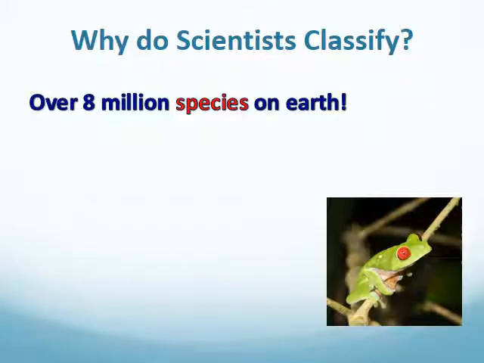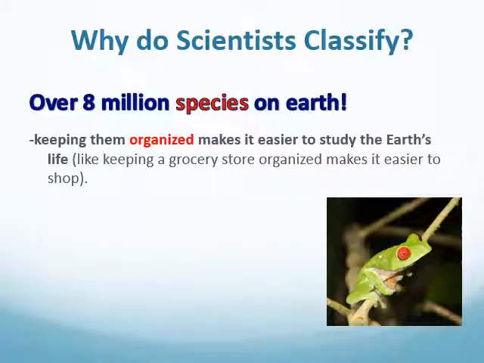So why do scientists classify things? Well, they do it because there's over 8 million species on Earth, 8 million species. And that's a lot of things to keep in order. So we keep them organized to study the life of everything on Earth. Think about how the grocery store being organized lets you do your shopping.